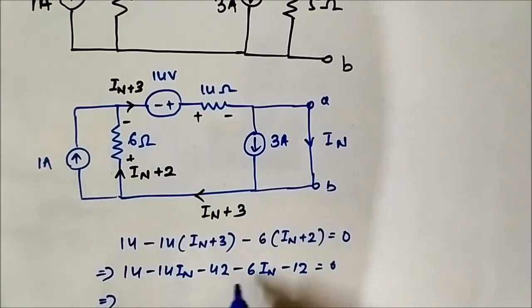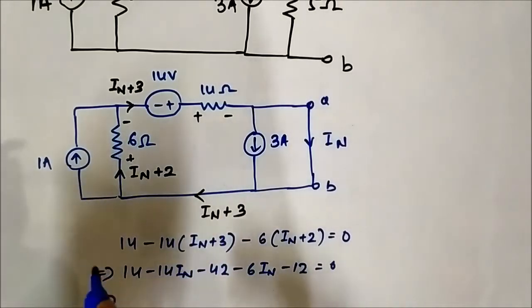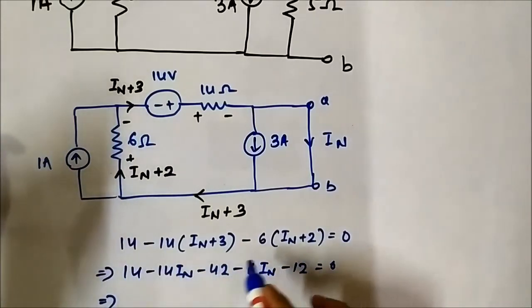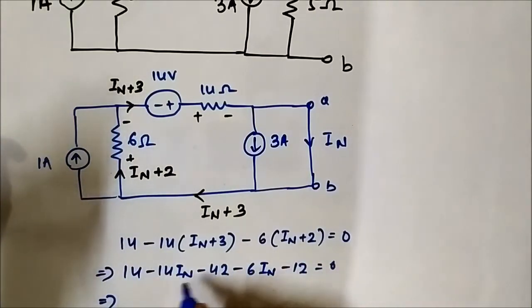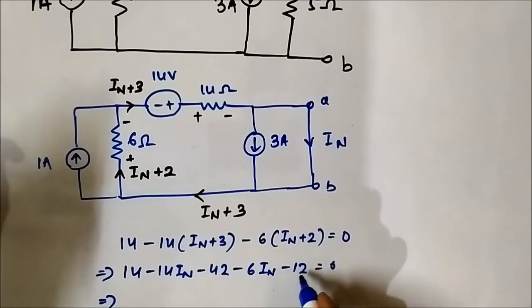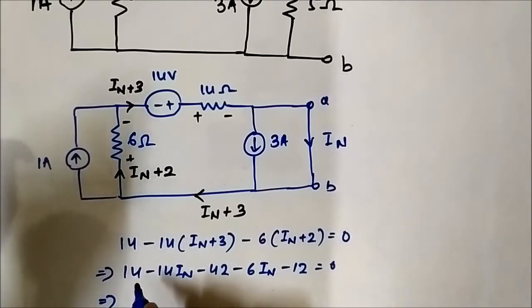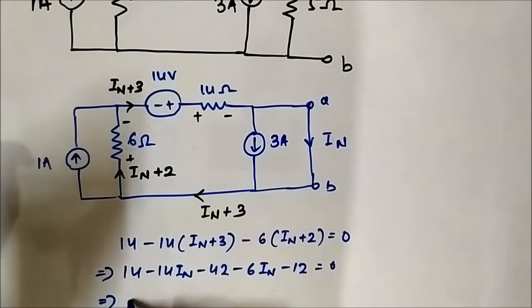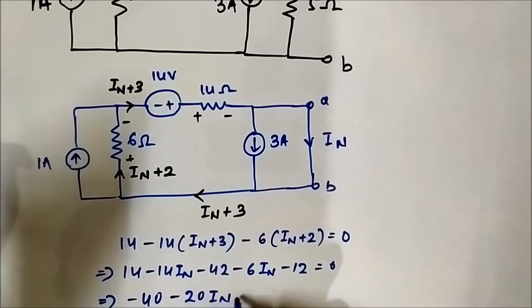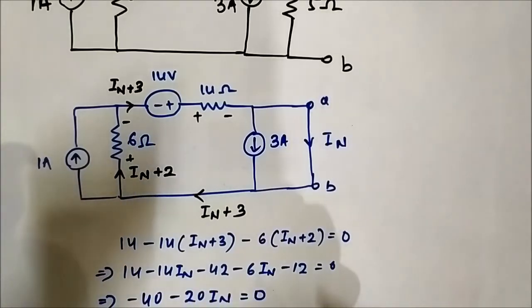That implies 14 minus 42 minus 12 is minus 40, so minus 40 minus 20 IN is equal to 0.